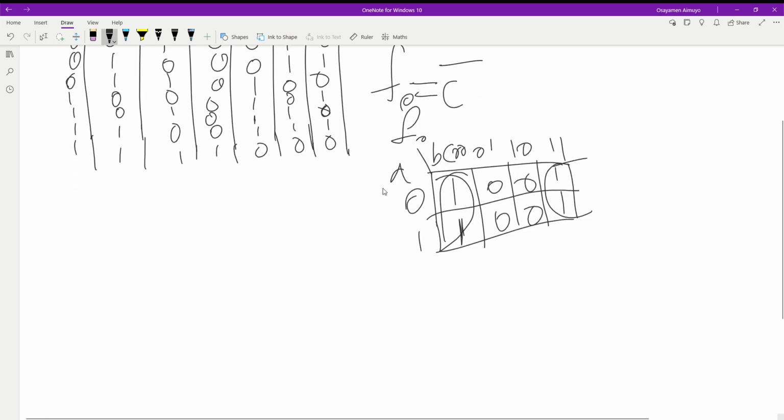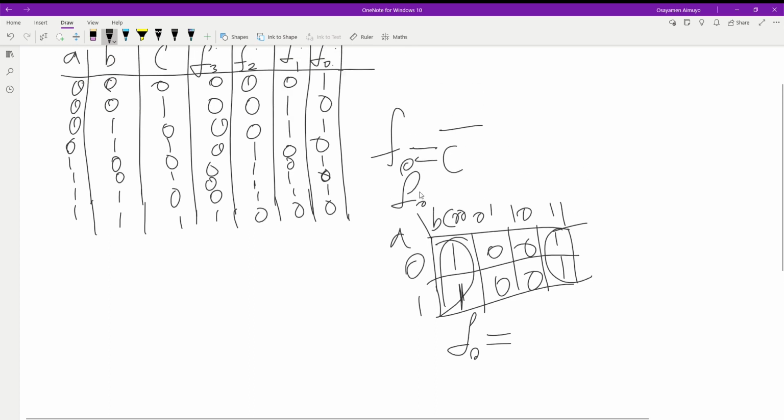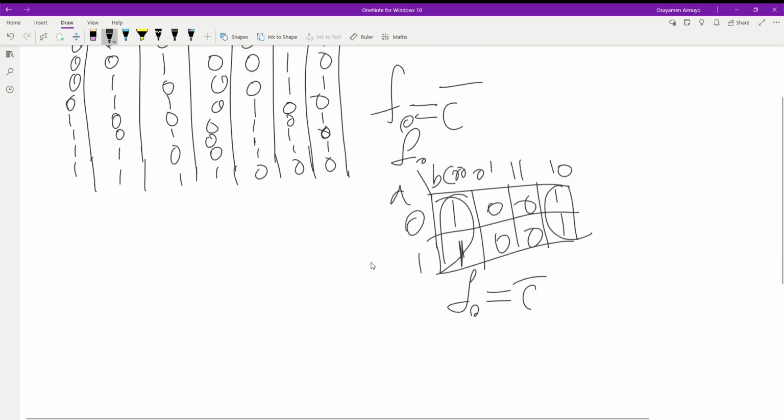So it simplifies to, I think I made the mistake again. So yes, this simplifies to C bar. Okay, that took way too long to simplify.